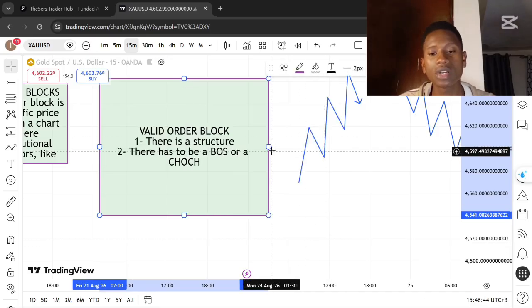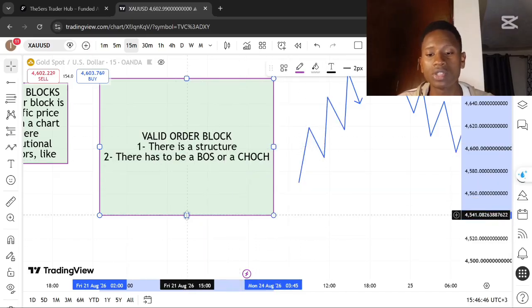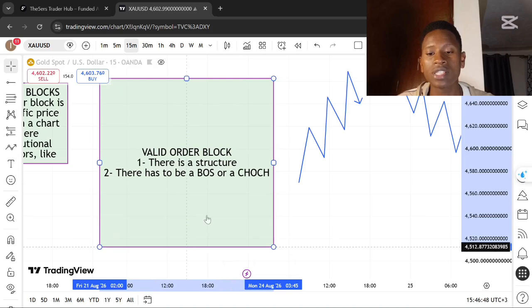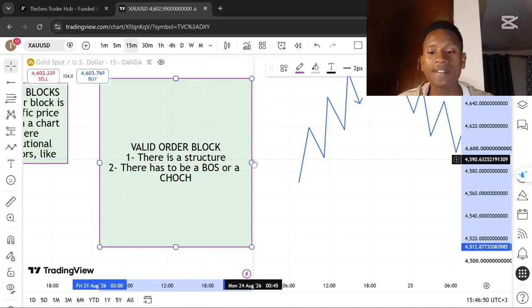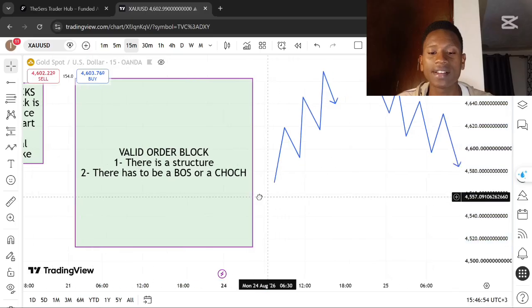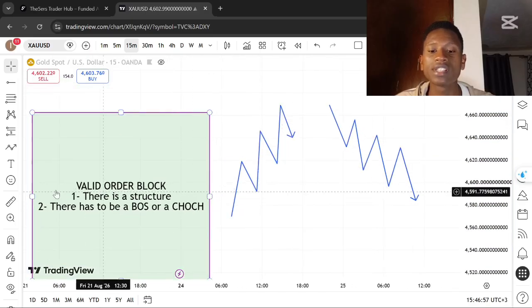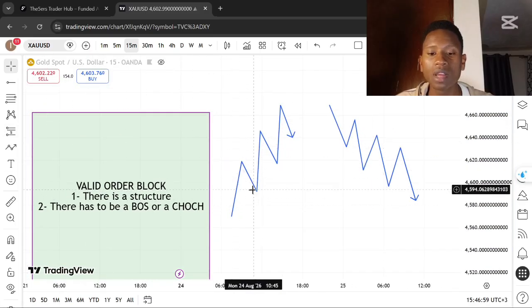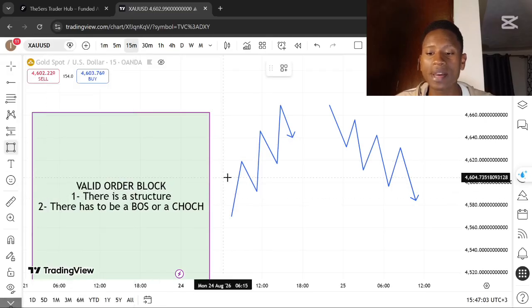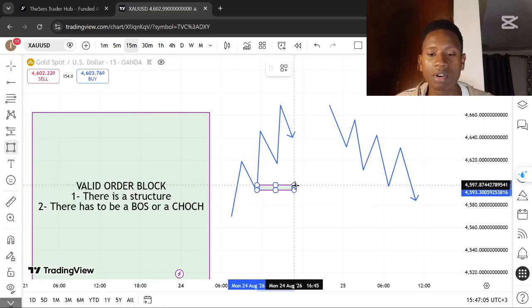What is a CHoCH? A CHoCH is short for change of character. So there has to be a break of structure or a change of character. For example, let's assume you are suspecting that there's an order block over here.